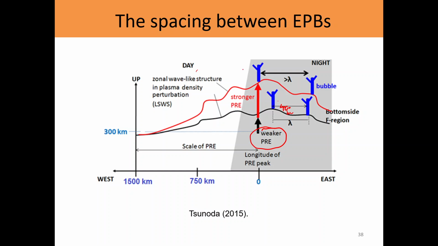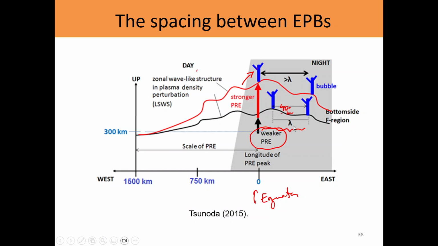But if you have a higher PRE, you could have bubbles at higher altitudes, and so on. And this is at the equator. The distance between each bubble could also be related to lambda.